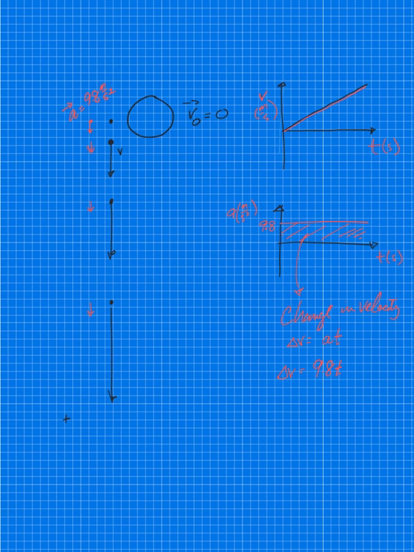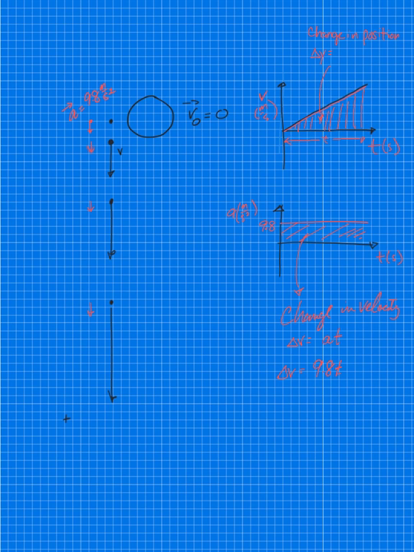So if I drop something from a given height, I know this area here because that's my change in position, right? Since it's up and down, I'll call this delta y, and that's a triangle, right? So the base of that triangle is t.